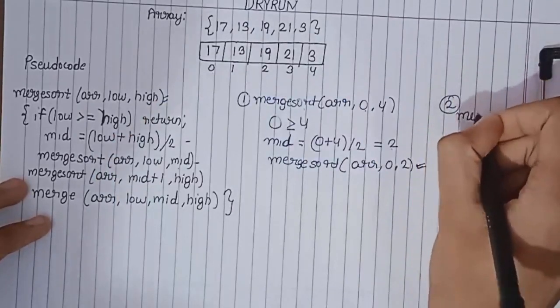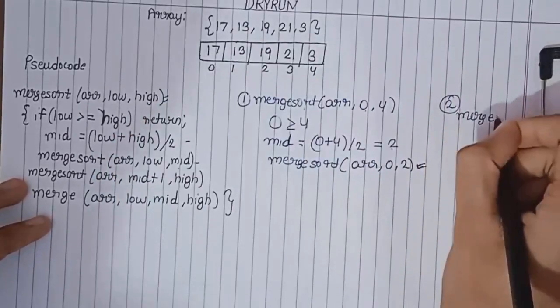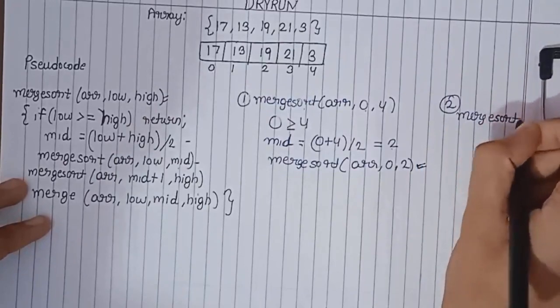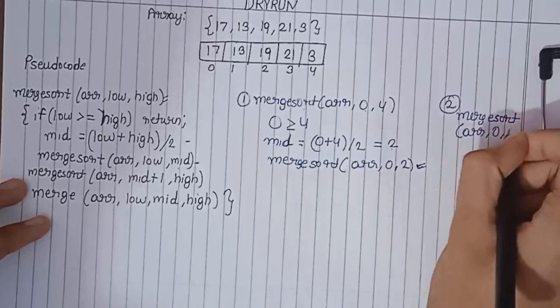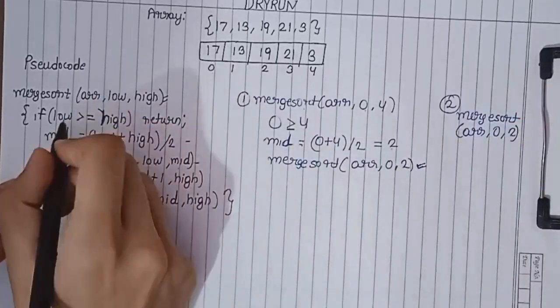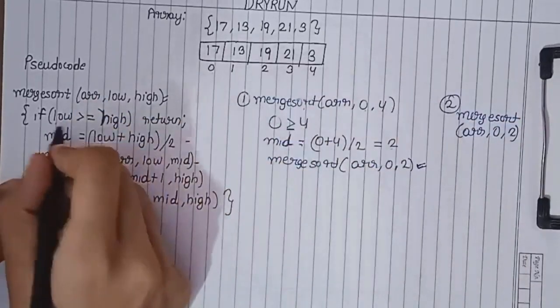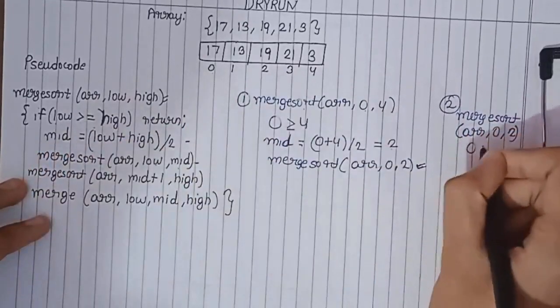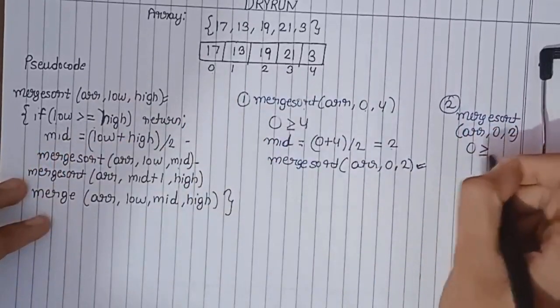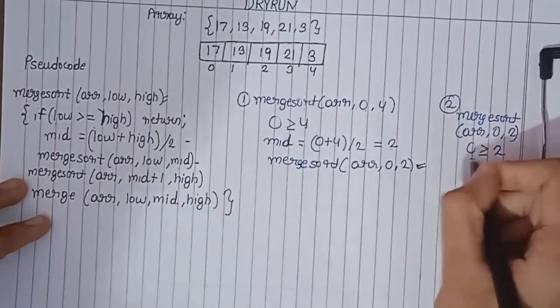So now after this call, the control will again come to this line, and this is the second call for the merge sort function, where we have array 0 to 2. Again we will check this condition, that is, is 0 greater than or equal to 2? No, this is false.